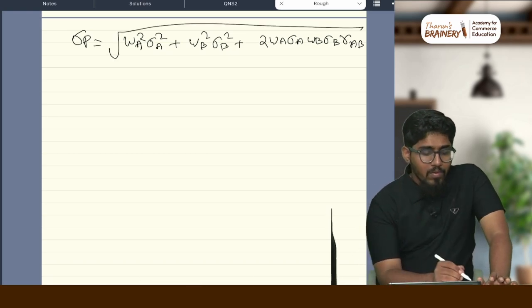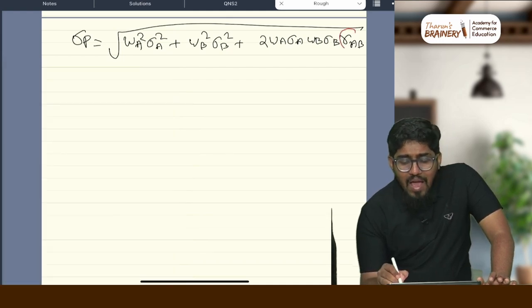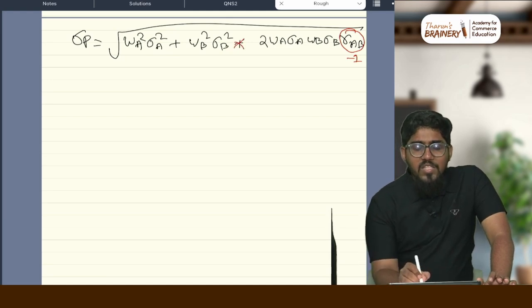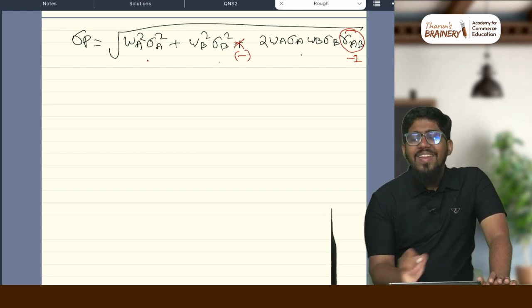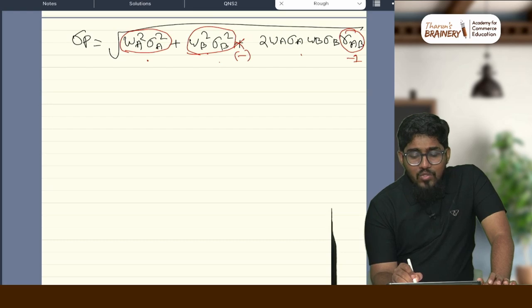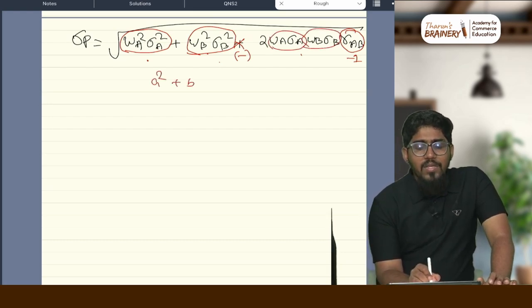Now if my r is -1, then what will happen? This becomes minus. So a square plus b square minus 2ab, a term and b term.